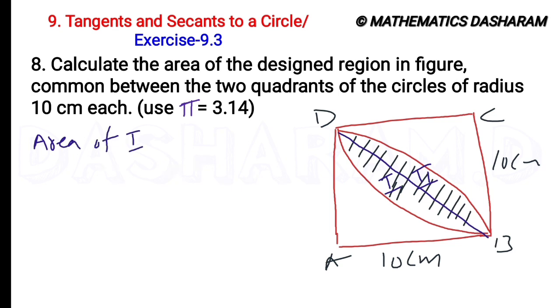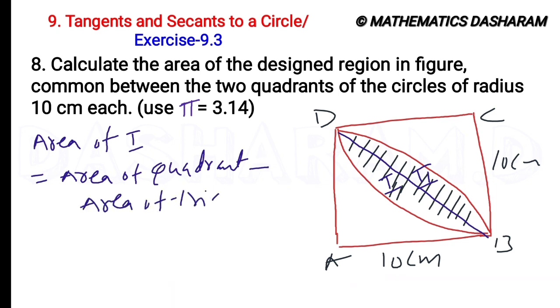part 1 equals to, see here, the first part is in the quadrant CDB. Am I right? In the CDB quadrant, the first part is available. So to find that, what I am doing, area of quadrant minus area of a triangle.